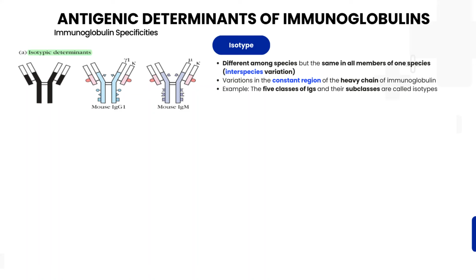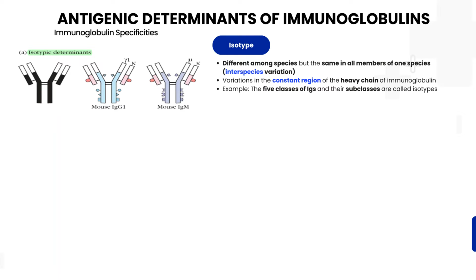Antibodies, and that brings us to the next topic in that line, that is antigenic determinants of immunoglobulin. Now we know antibodies are gamma globulins and they are proteins, but they are glycoproteins and they can themselves act as antigen or immunogens. But not the entire antibody molecule is immunogenic.